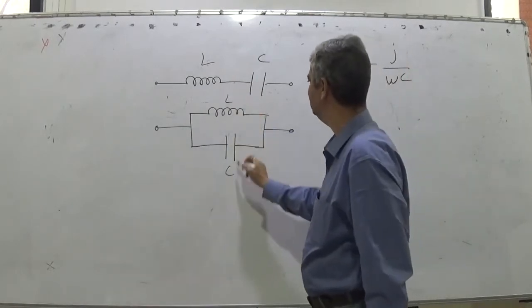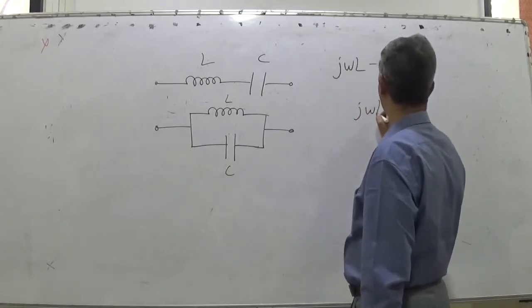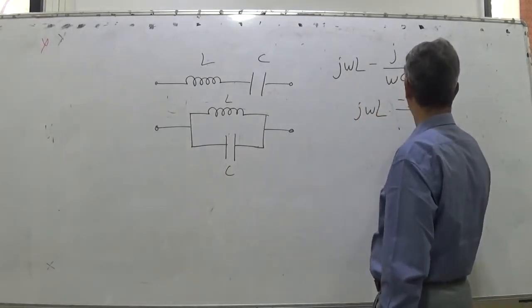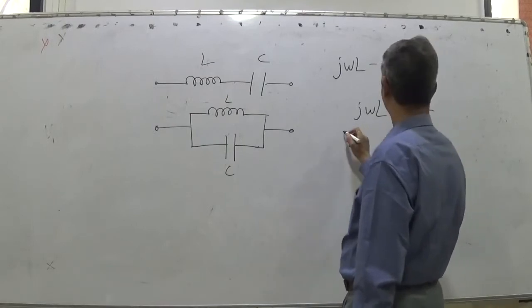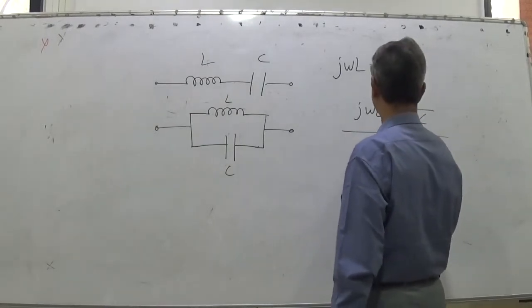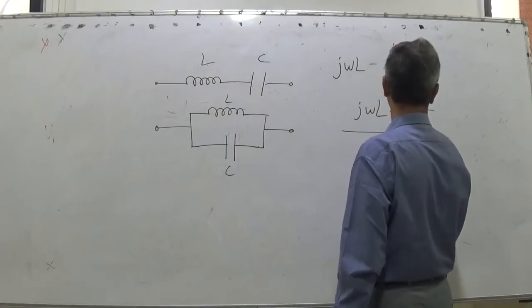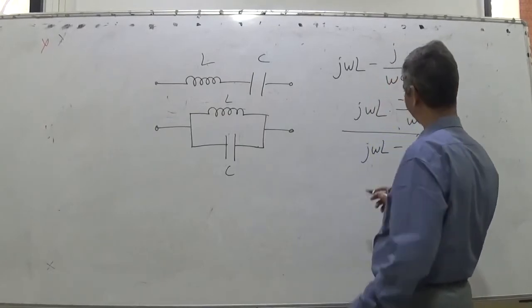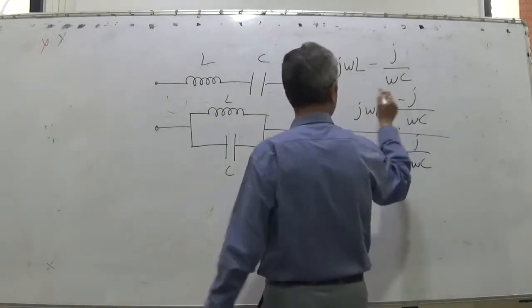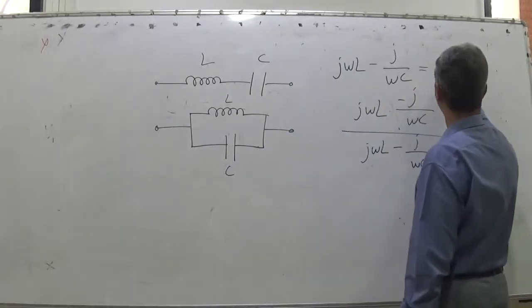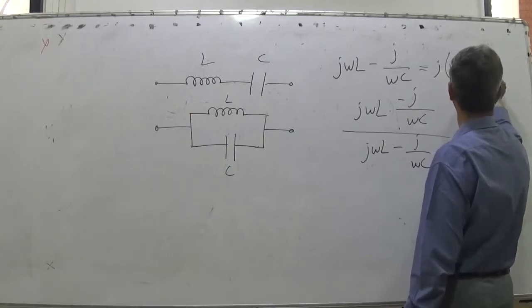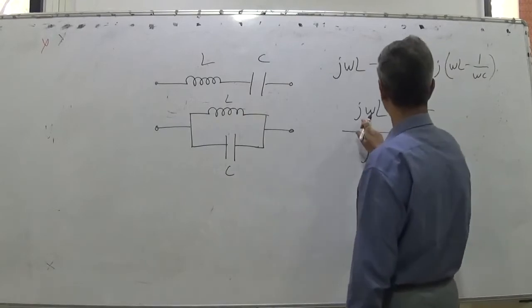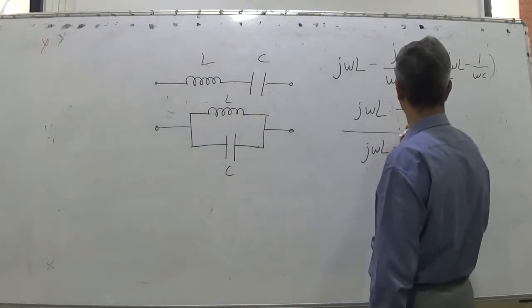It is L and it is C. Its impedance is j omega L into minus j upon omega C, either this, or you can have 1 upon j omega C, either way, upon j omega L minus j upon omega C. So this turns out to be j into bracket omega L minus 1 upon omega C, and in the numerator j square is minus 1, minus times plus, omega gets cancelled.